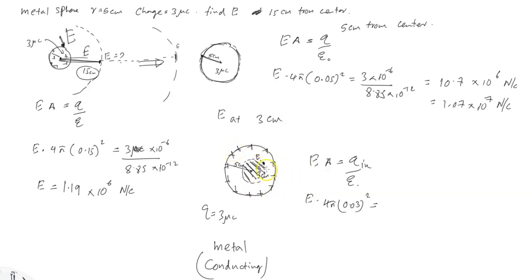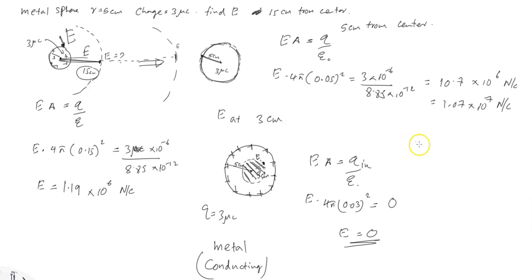When charges are on the surface, there's nothing inside. When you draw this Gauss surface, there's nothing inside. It's zero. The electric field becomes zero. You don't even need to do any math. So that's the beauty of this theory.